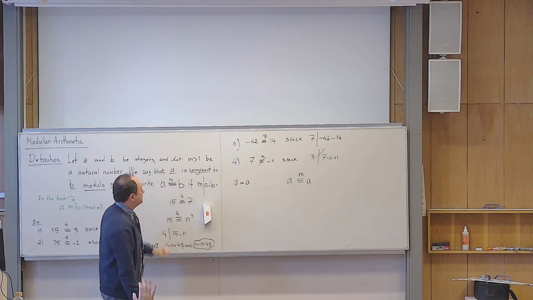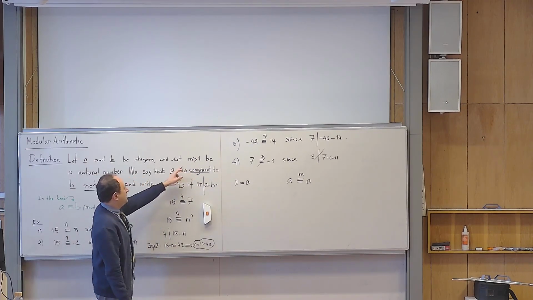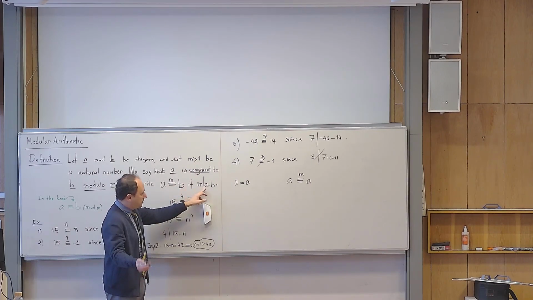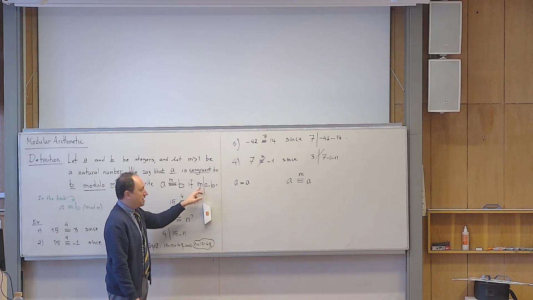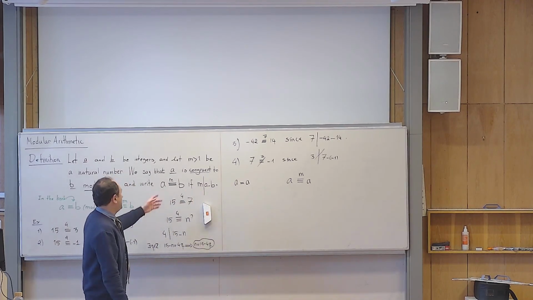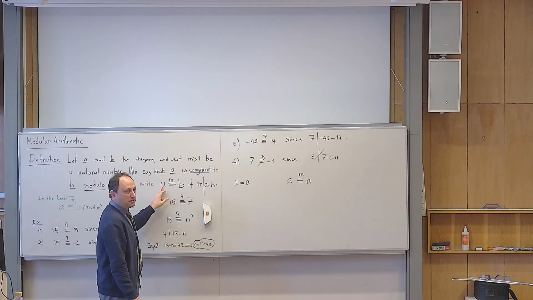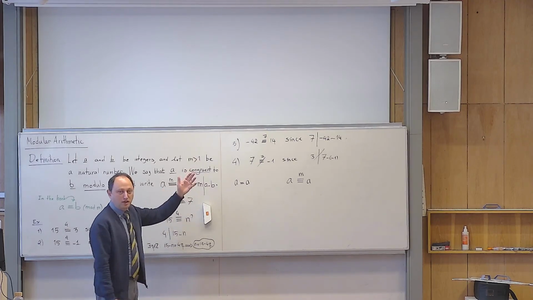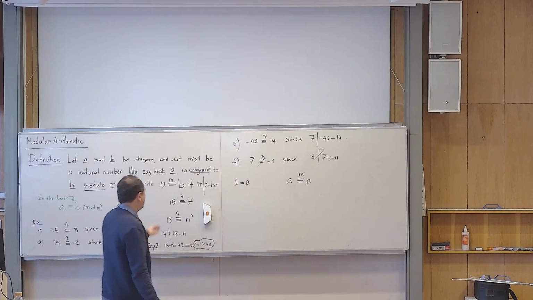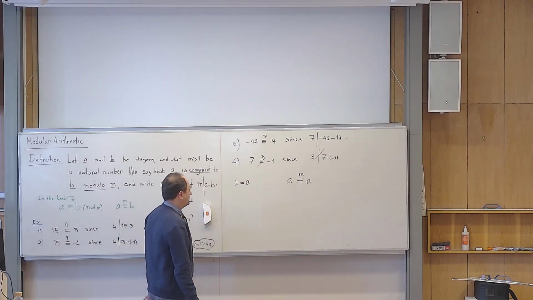Because if m is 1, a minus b is automatically divisible by 1. So if I decide to work in module 1, every number is congruent to every other number modulo 1. Yes? So that is not something interesting. This is why we exclude 1 from being a module.